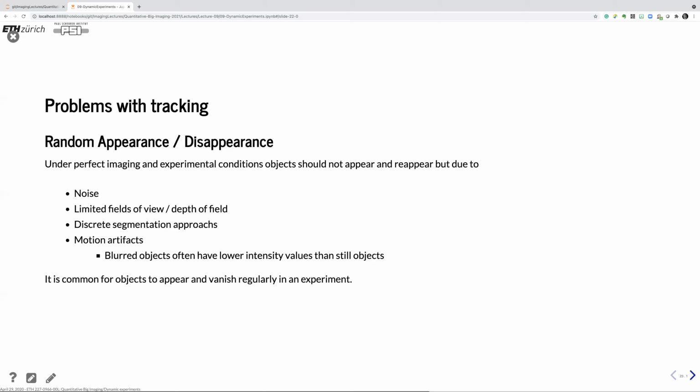And finding them is maybe not so easy. So it could be that it actually appears as a new object when it comes back in. Also, segmentation can be a problem, that in some images you can't really segment the correct items or the tracking points.